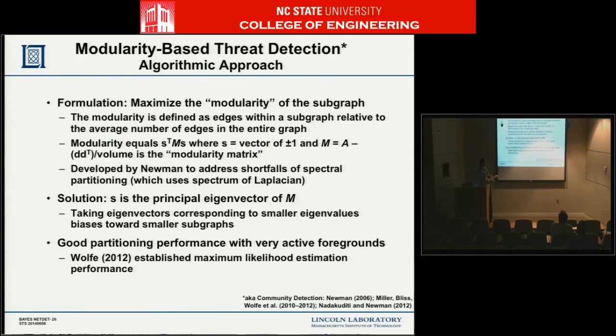And so there's a new matrix here, the modularity matrix, which is the adjacency matrix minus a rank 1 update. And the solution is still an eigenvector solution, but now it's an eigenvector of this modularity matrix. And this gives very good partitioning performance with active backgrounds.